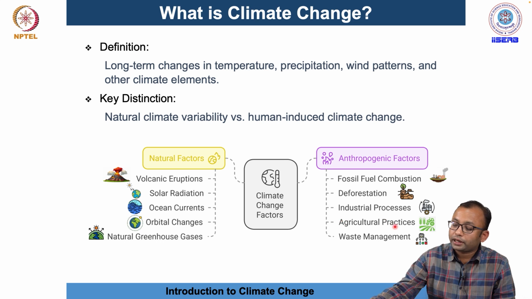If you talk about agricultural practices, they are also responsible for changes in land use land cover characteristics, which change the albedo, or the reflection and absorption characteristics of land surfaces, and therefore are responsible for change in climatic behavior over a longer period of records.